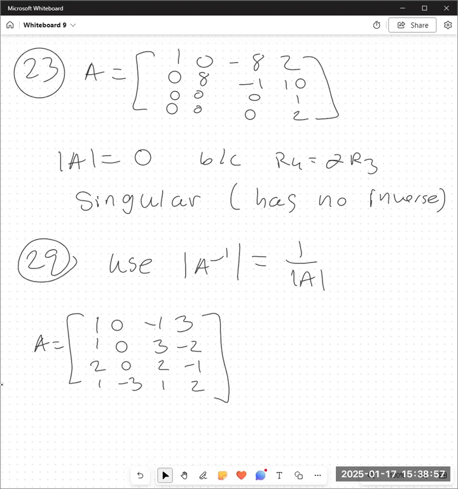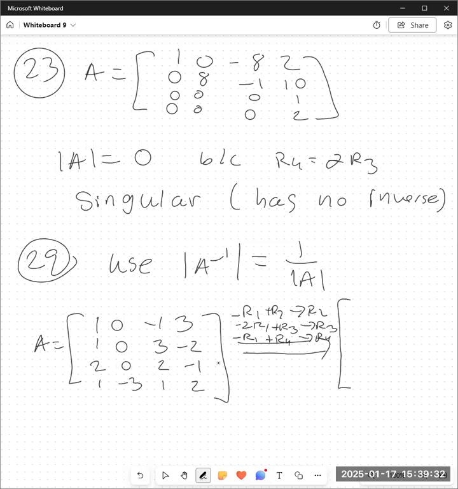So I would like, if possible, to get a triangular matrix here with some elementary row operations. So negative row 1 plus row 2 to produce a new row 2, -2 row 1 plus row 3 to produce a new row 3, and negative row 1 plus row 4 to produce a new row 4.